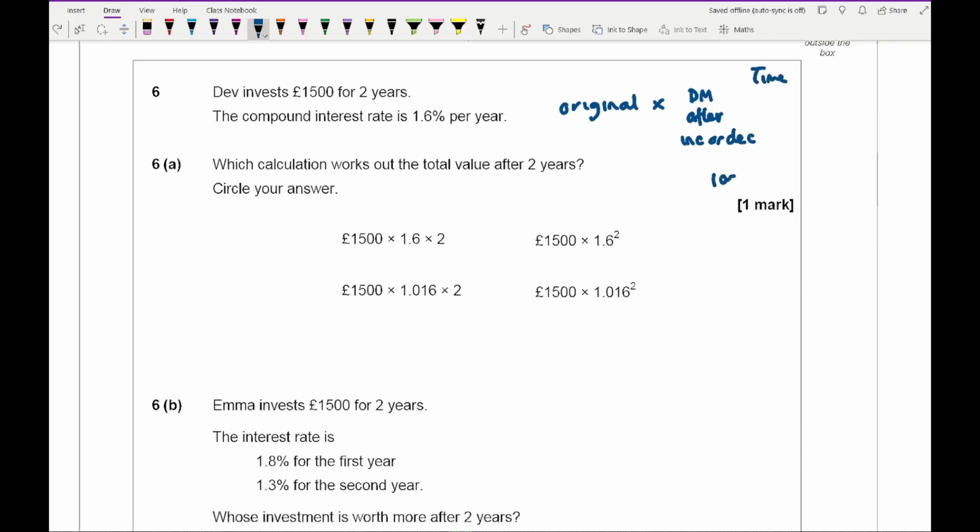So here we've got 100% plus 1.6%, which is 101.6. We convert that into a decimal by moving the decimal point 2 places. So that's going to be 1.016 to the power of 2. So the one we want to circle is our fourth option.